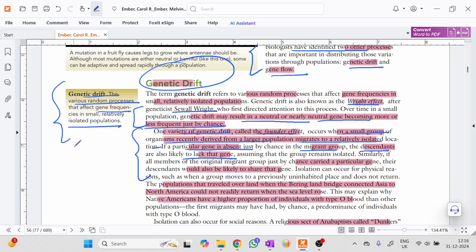Devoid of any fresh input of genes, that isolated population will derive only the genes that are present in it.